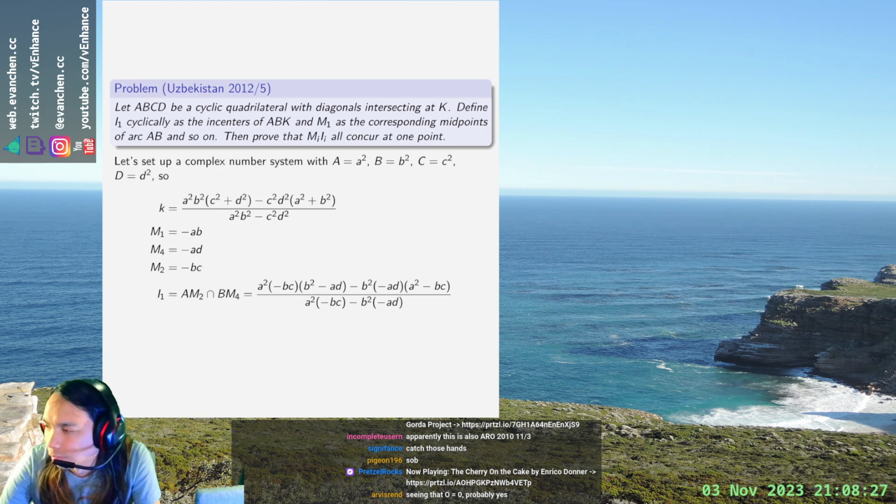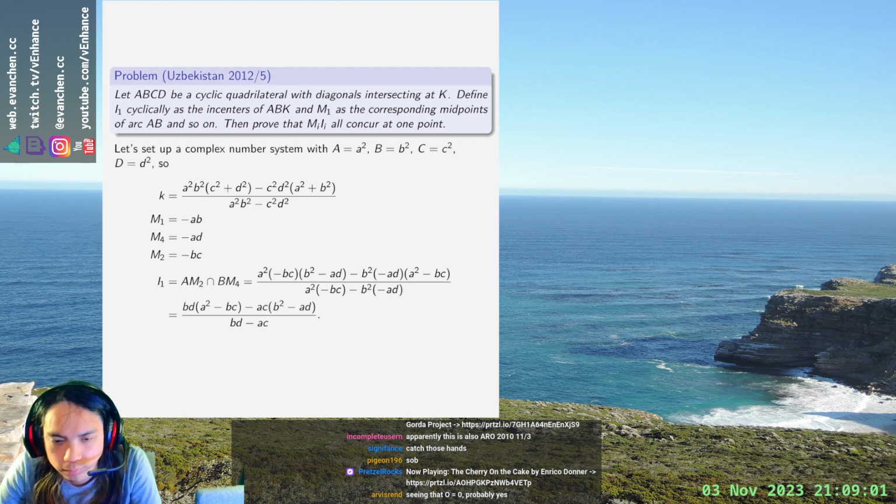Well, let's clean this one up first. I think in this thing a factor of AB cancels, right? So we'll just write this as BD, A squared minus BC, minus AC, B squared minus AD, divided by... Also, I'm so sorry, I misspoke.